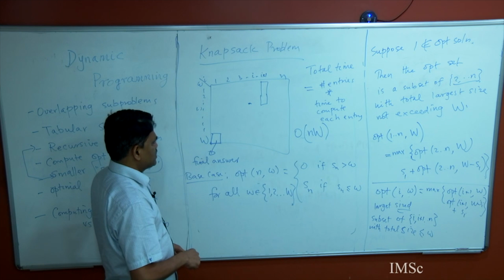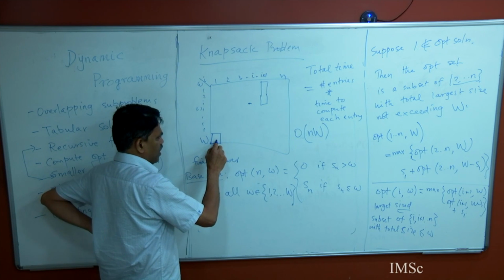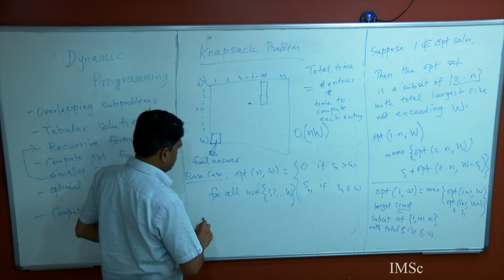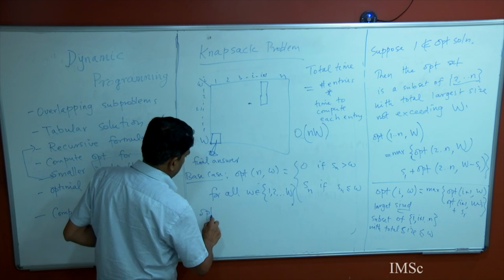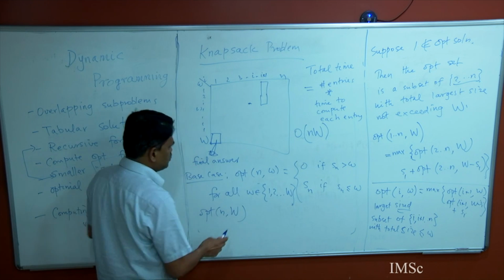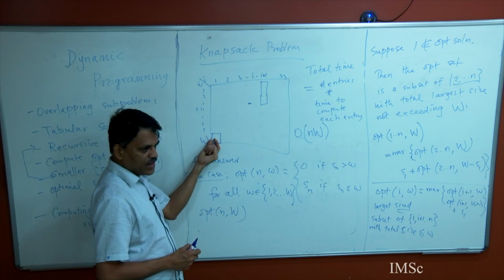So what does it mean to trace back? I come here, I got opt 1W. This is my optimum, which gives me a number.